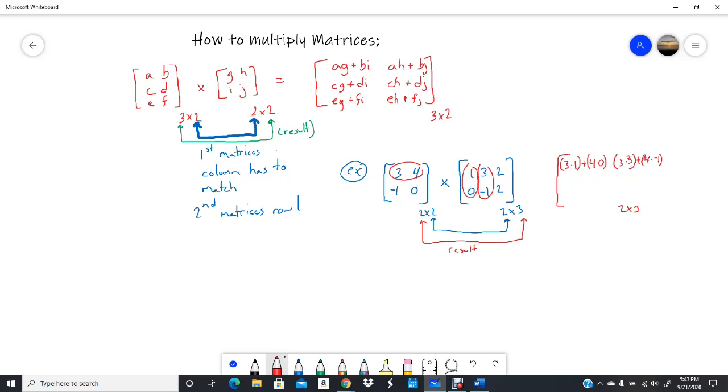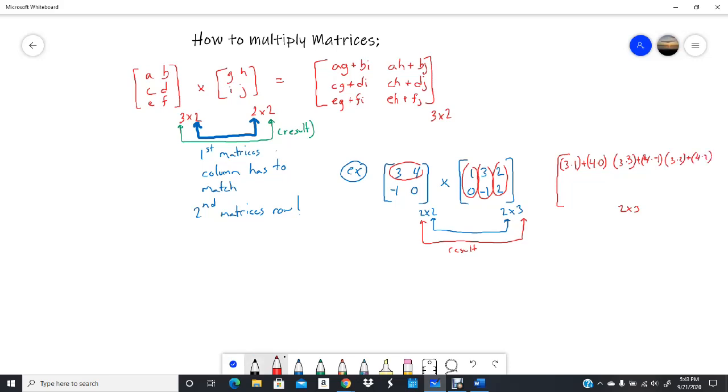And then we will take the first row of the first matrix, multiply with the second matrix's third column. This would be 3 times 2 plus 4 times 2.